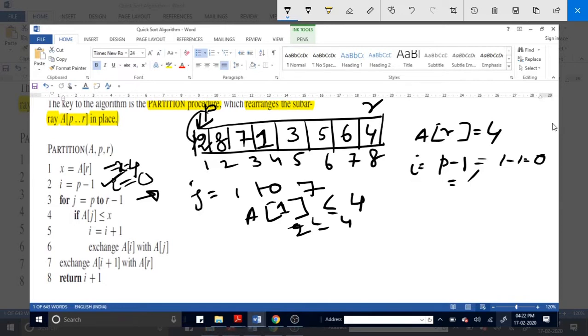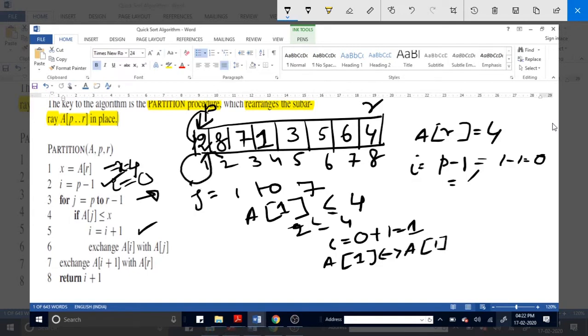So if this is true, then index i will be incremented by 1. So index i is 0, so it will be 0 plus 1, 1. And then exchange A[i] and A[j]. A[i] is A[1], and you have to exchange with A[j], j also 1. So in the first iteration 2 is exchanged by itself, which is meaningless.